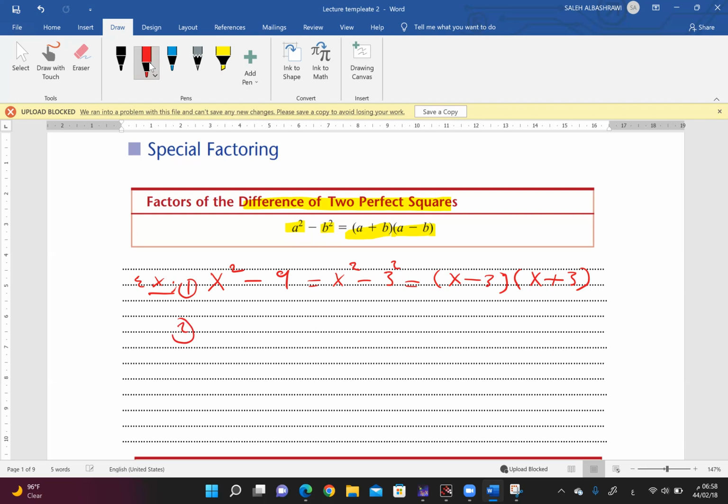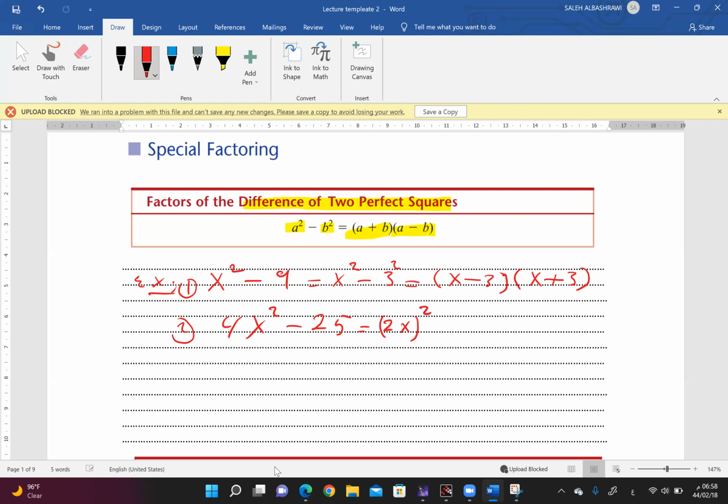Another one, if I have 4x squared minus 25. This is also a difference between two squares. The first one is 2x all to power 2.